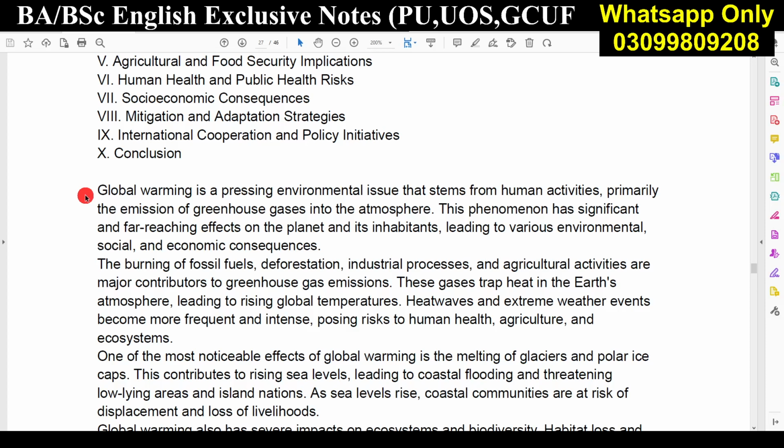These gases trap heat in the Earth's atmosphere, leading to rising global temperatures. Heat waves and extreme weather events become more frequent and intense, posing risks to human health, agriculture, and ecosystems.